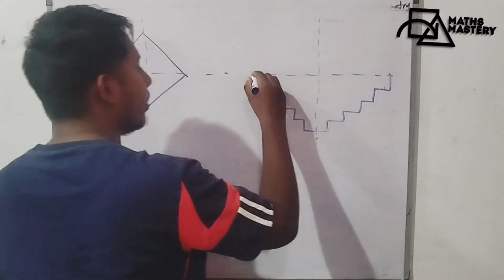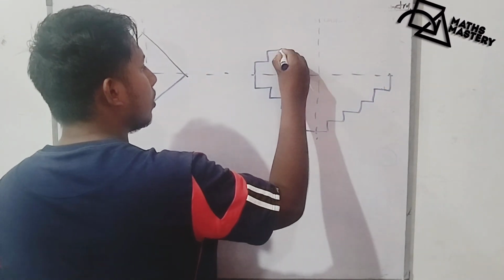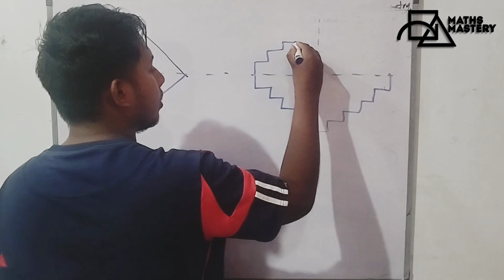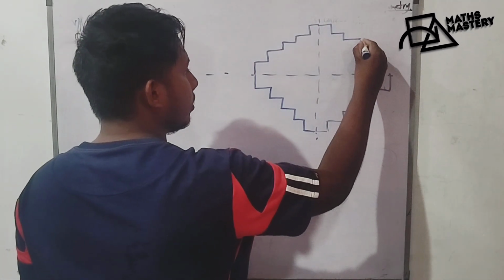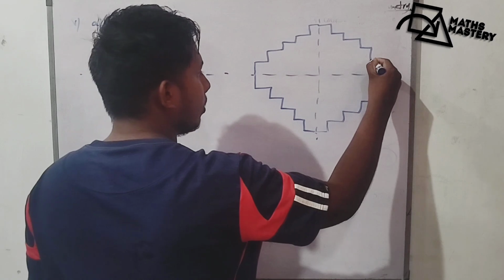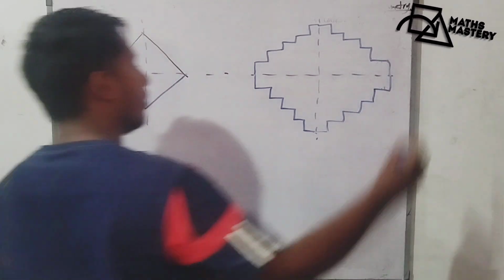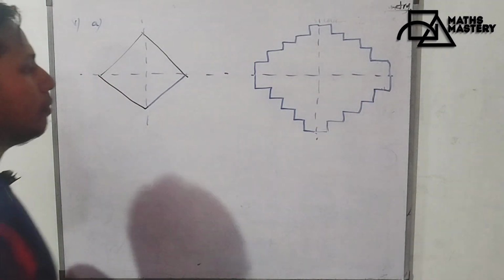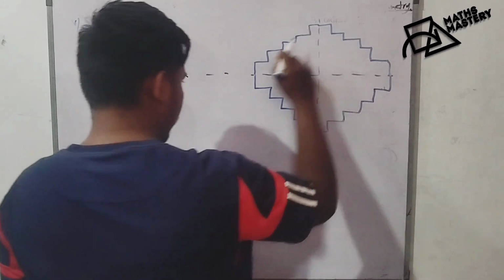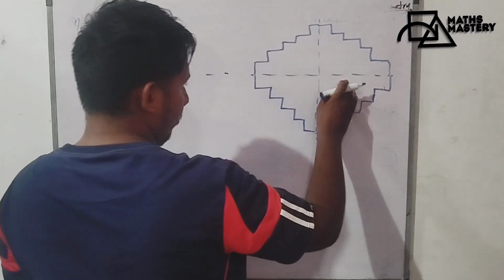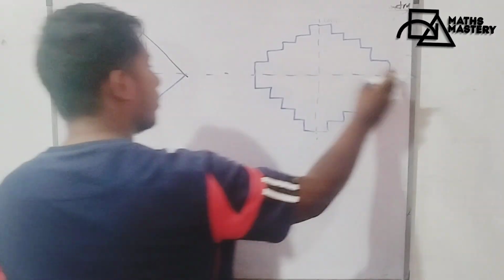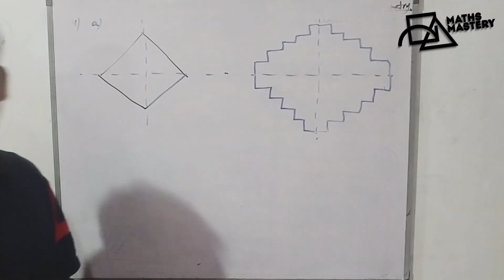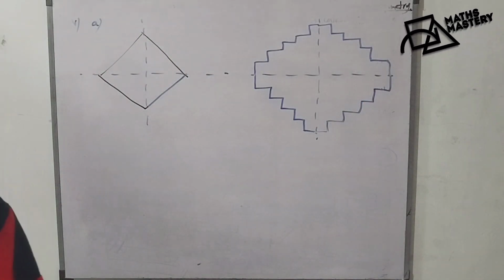Okay students, same way you should draw the same pattern to this side also, and again same way to this side you draw the same way. Can you see? You will get a perfectly bilateral symmetric figure. From here to here also it bends, from here to here also it bends and coincides with each other. Okay, let's go to the next question.